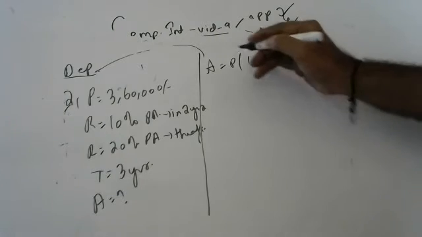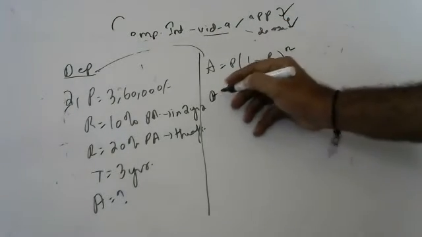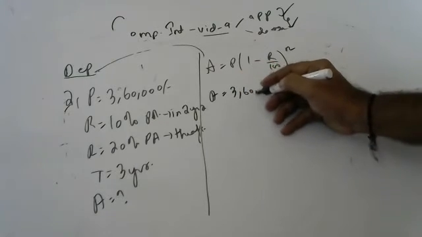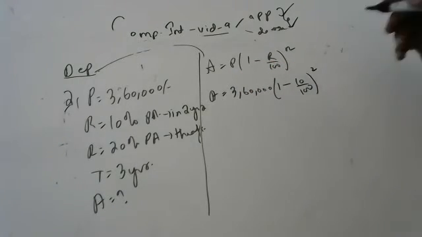A is equal to P into 1 minus R by 100 whole to the power of n. A is equal to 3,60,000 into 1 minus 10 by 100 whole to the power of 2.